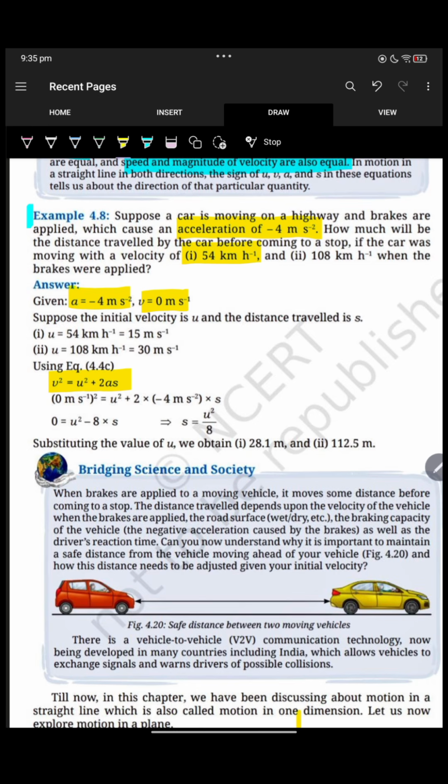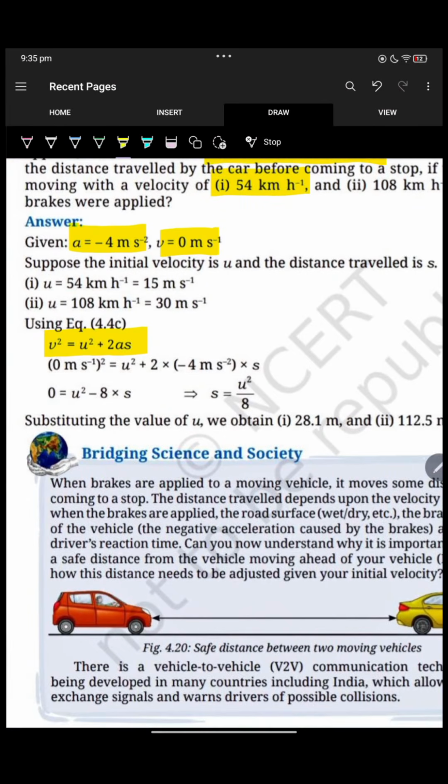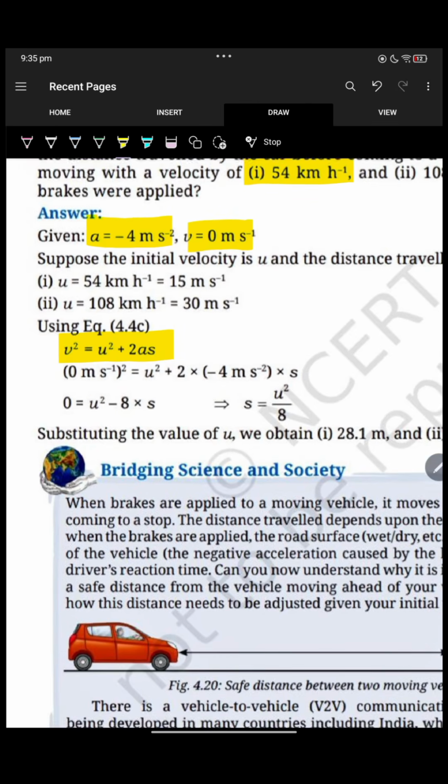If you keep this in mind, then you can do the conversions easily. First, to convert kilometer per hour to meter per second, you have to multiply by 5 by 18.